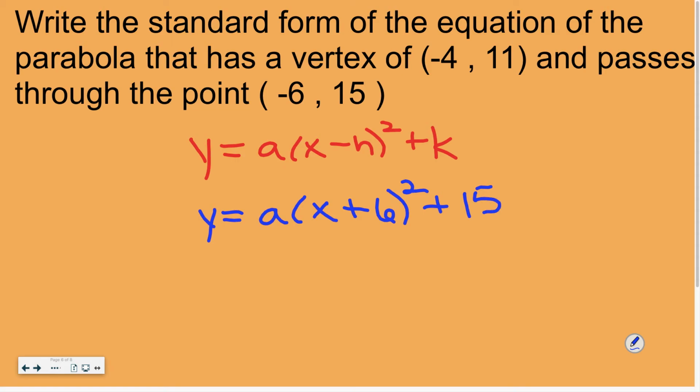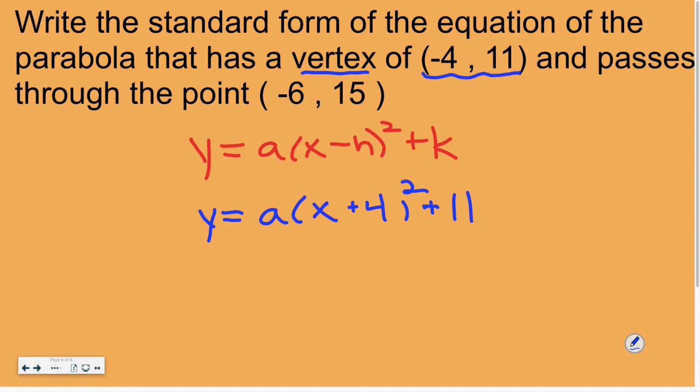I think you mean 4 and 11. I was looking at the wrong coordinate, wasn't I? Okay. So x minus negative 4, the quantity squared, plus 11. Thank you for correcting me on that.